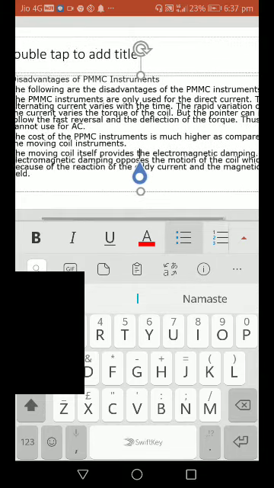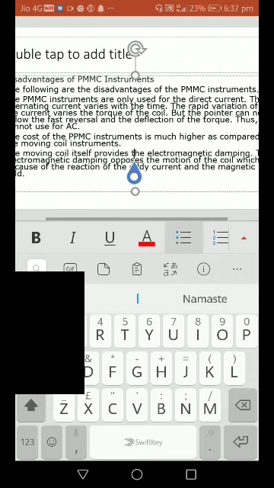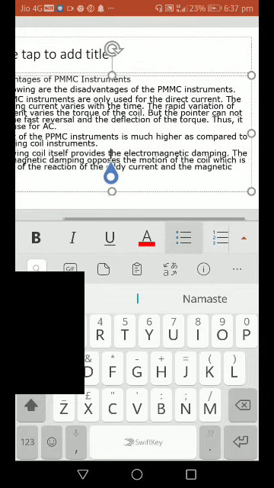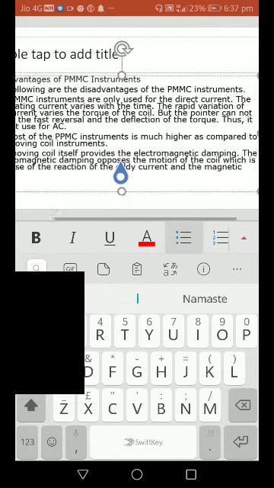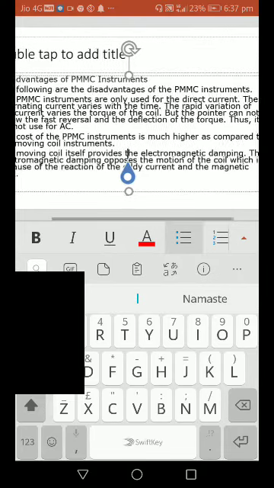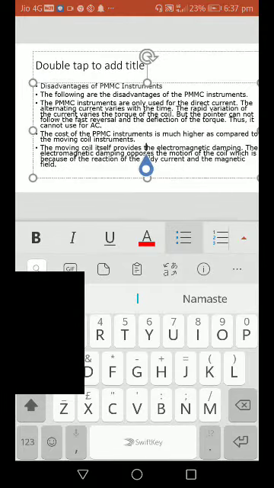The rapid variations of the current vary the torque of the coil, but the pointer cannot follow the fast reversal of deflection of the torque.